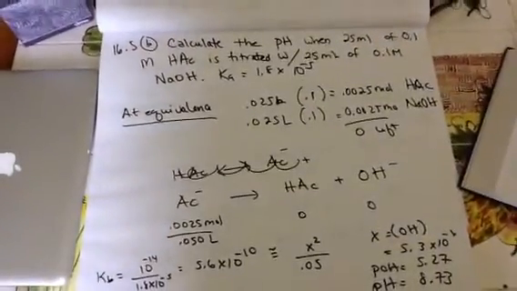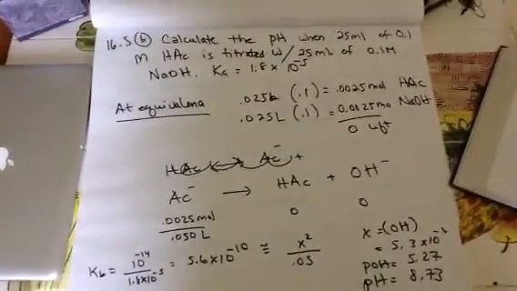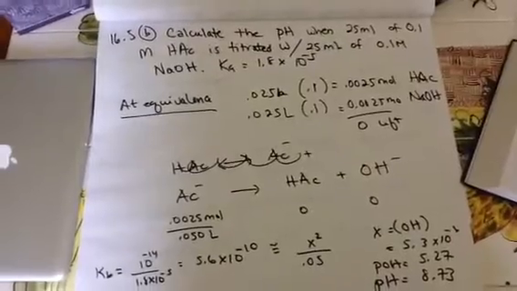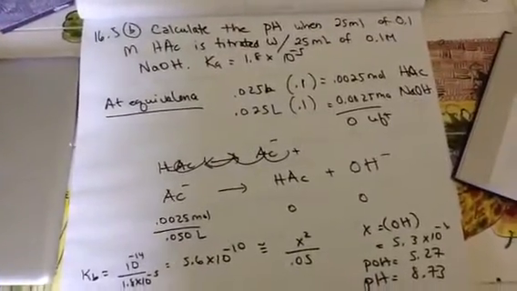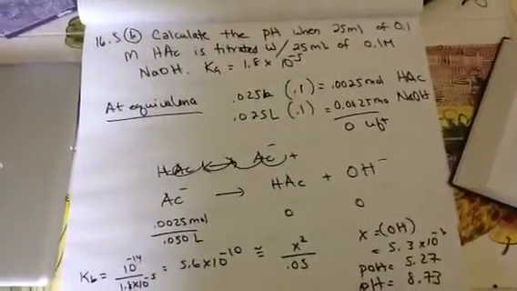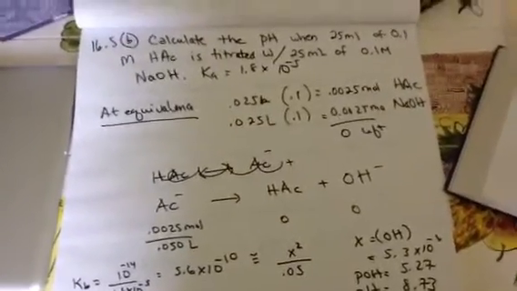Now, the second problem on that PowerPoint: calculate the pH of 25 mL of 0.1 molar HAc, which is the acetic acid, titrated with 25 mL of 0.1 molar sodium hydroxide, and the Ka should be given.